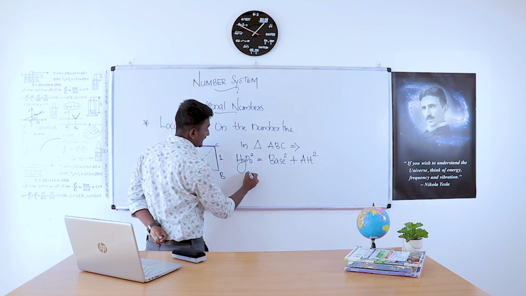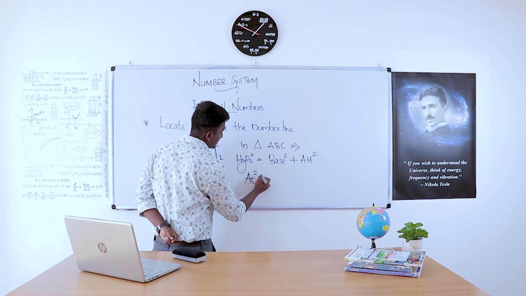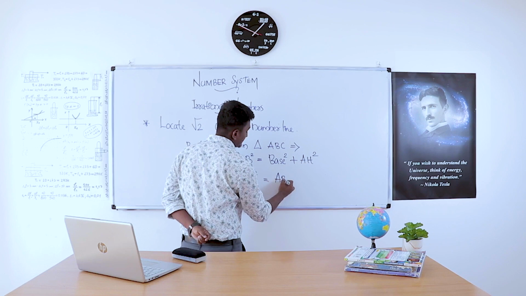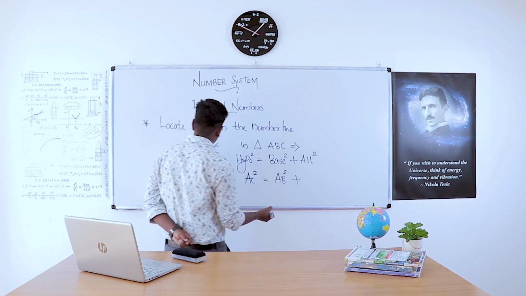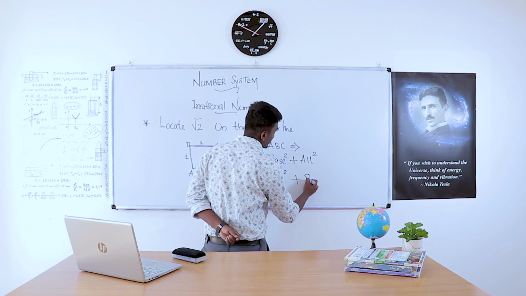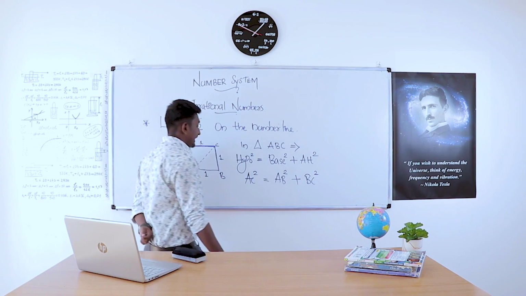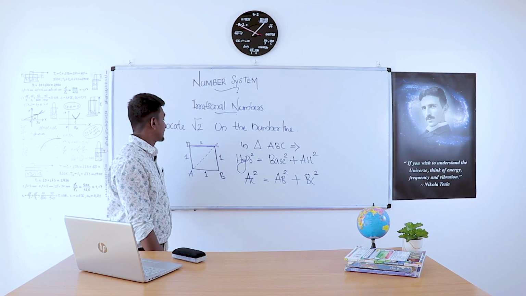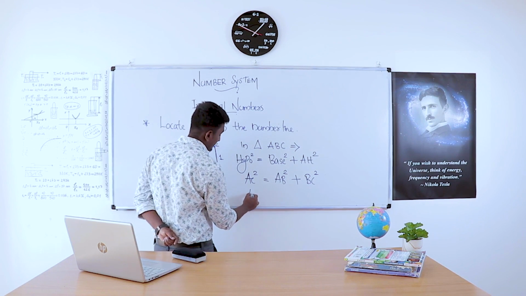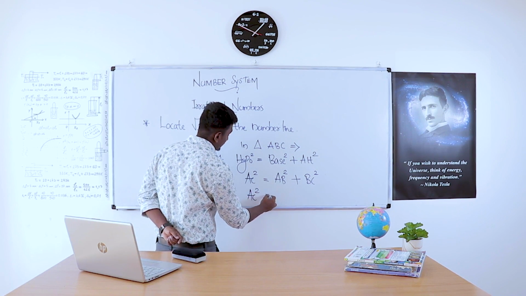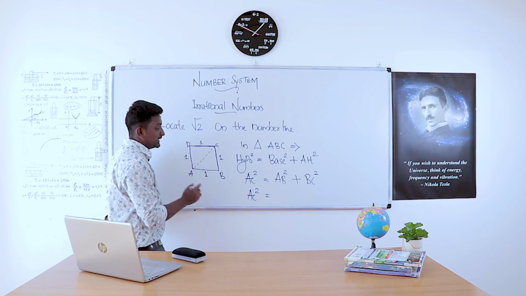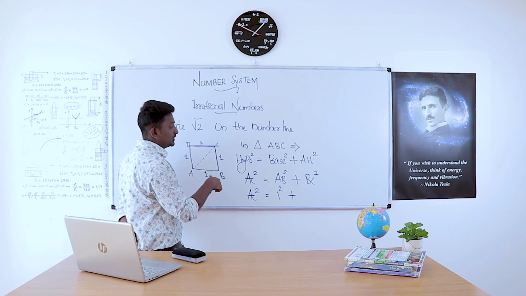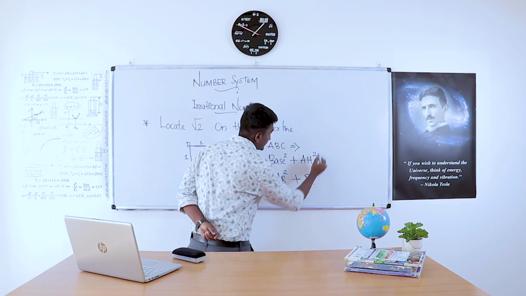Here AC is the hypotenuse. Therefore, AC square is equal to AB square plus BC square, where AB is the base and BC is the altitude. AB is unity, that is, its value is 1, so 1 square, plus BC is also unity, 1 square.